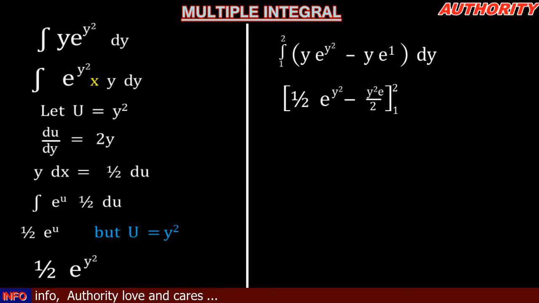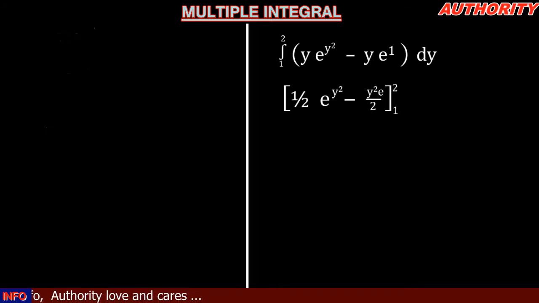Now we have integrated the first part and we integrated the second part, and then bringing it together we have 1 all over 2 e raised to power y squared minus y squared e all over 2, with the lower limit 1 to the upper limit 2. All right, good. Now look at it carefully.